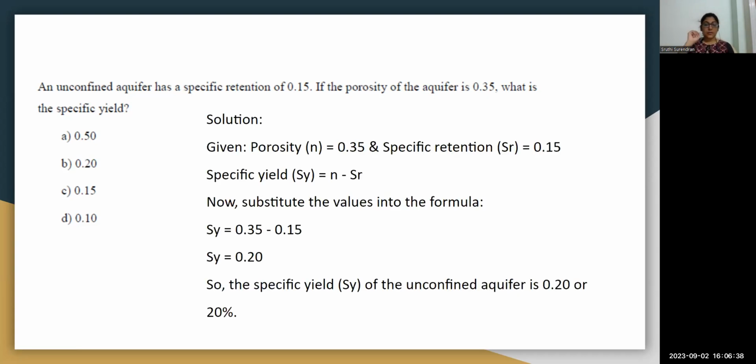The sum of the specific yield and specific retention is equal to porosity.